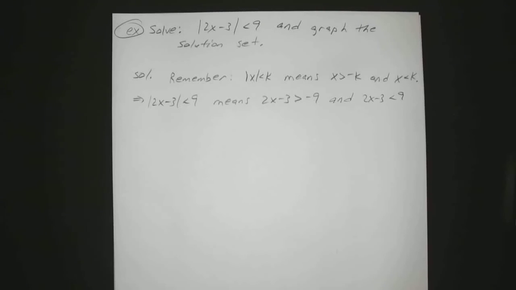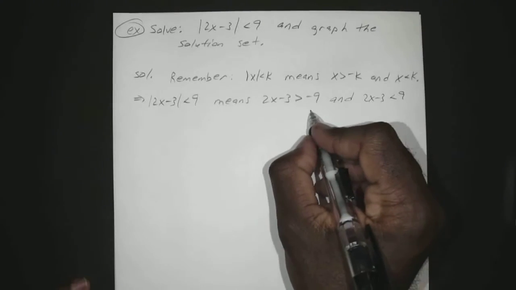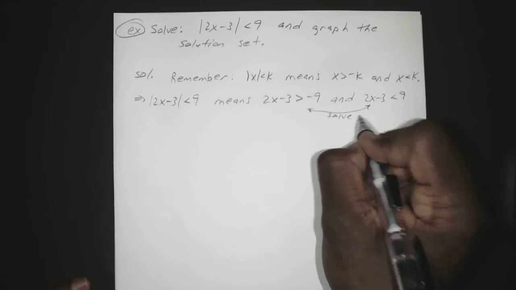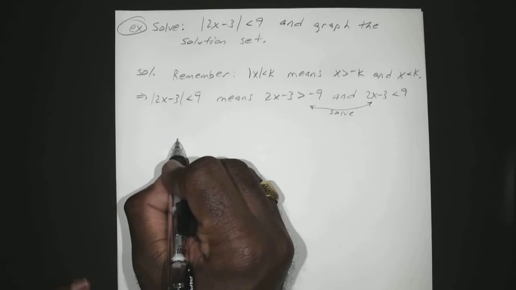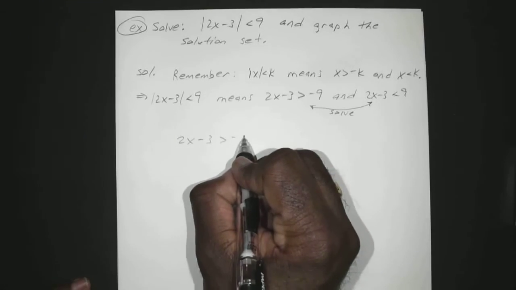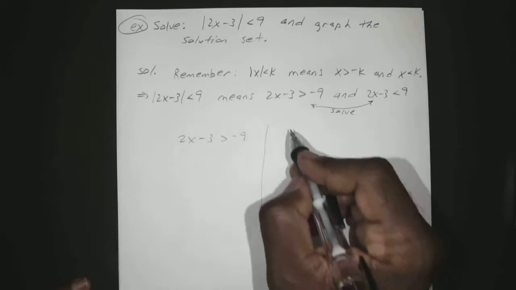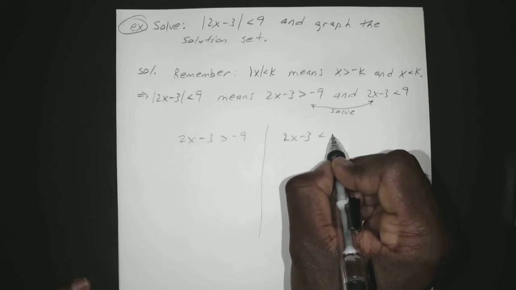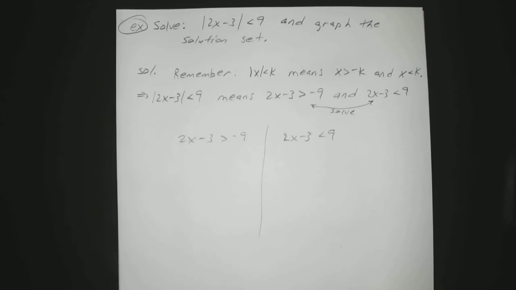Okay. So just like before, we go ahead and just solve for both. 2x minus 3 is greater than negative 9, and 2x minus 3 is less than 9.